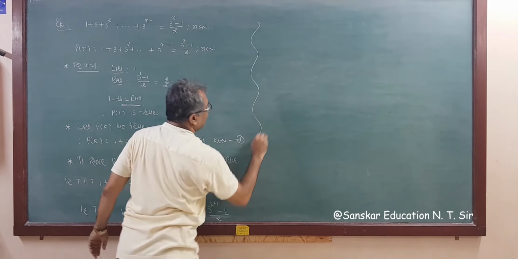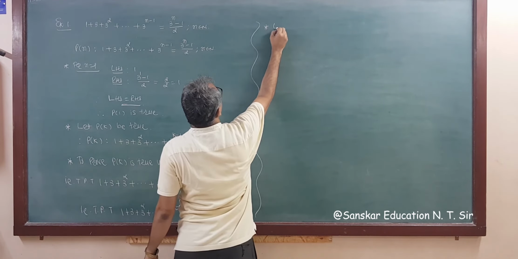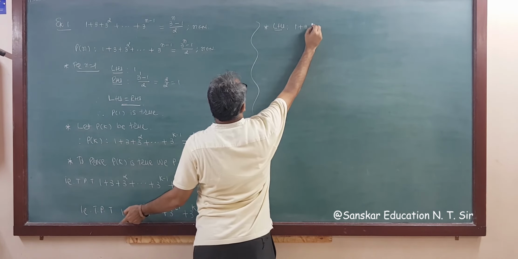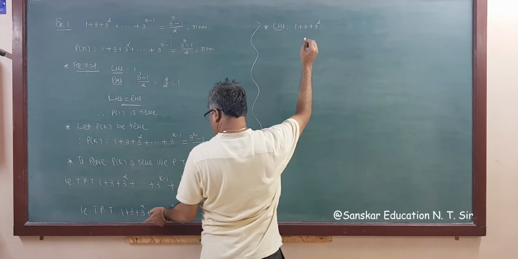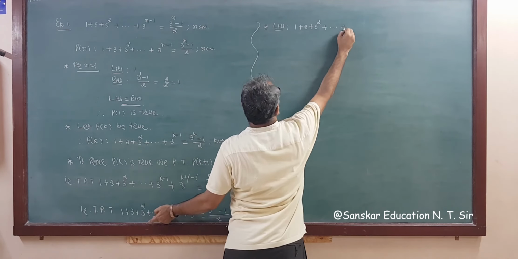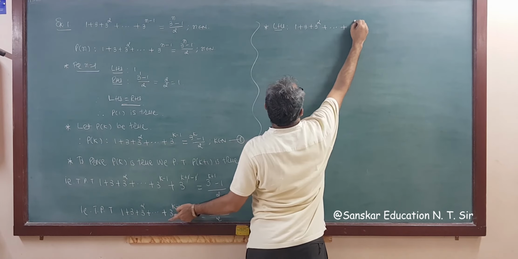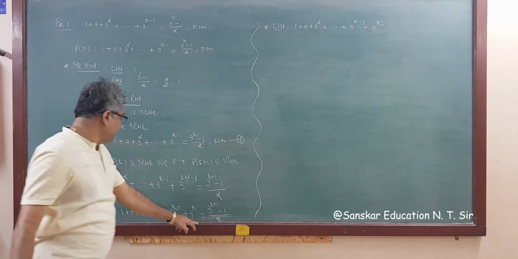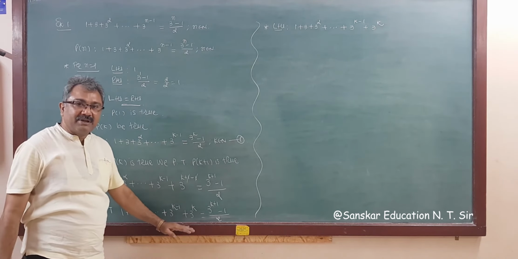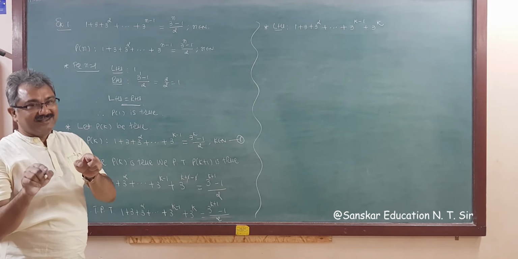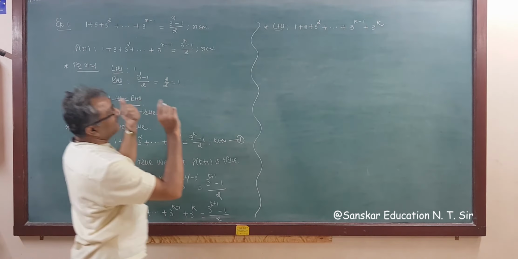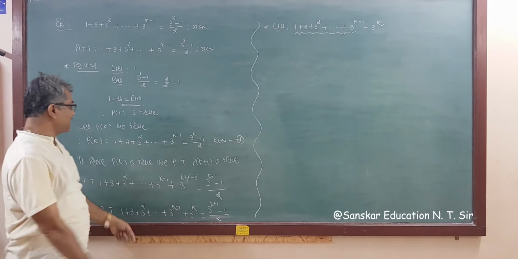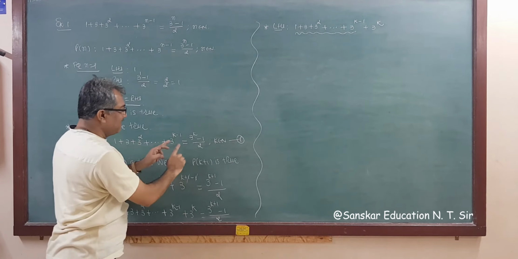So taking left hand side. So next step, left hand side is 1 plus 3 square, right? Plus dash plus 3 raised to k minus 1 plus 3 raised to k. This is your left hand side. Now you know, the term up to kth term, that is 3 raised to k minus 1, is the left hand side, right?